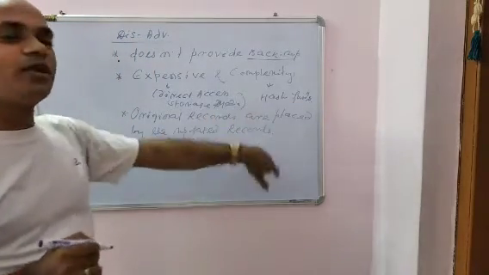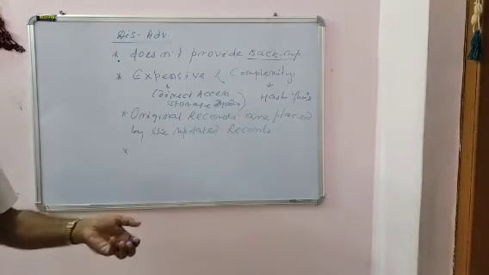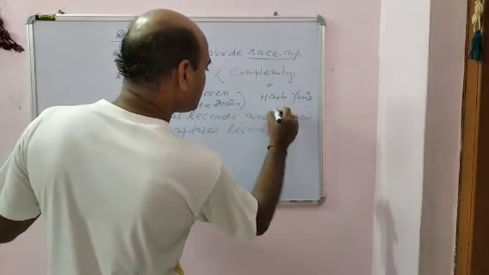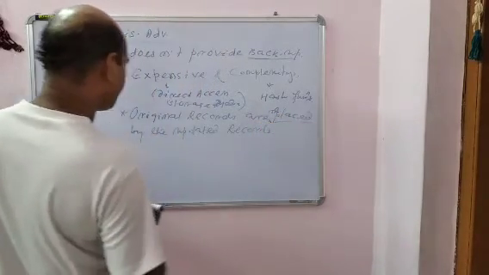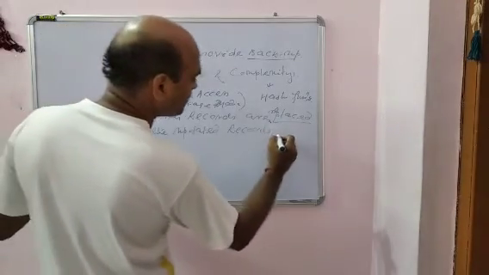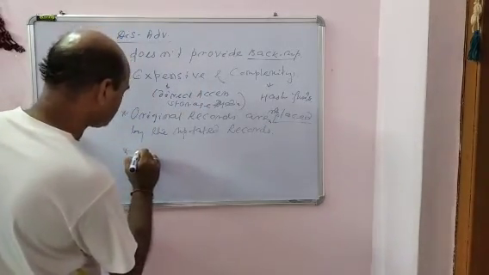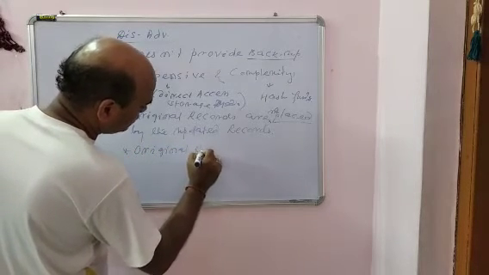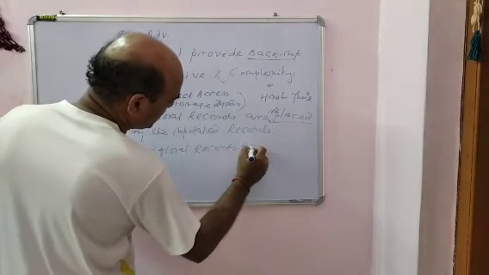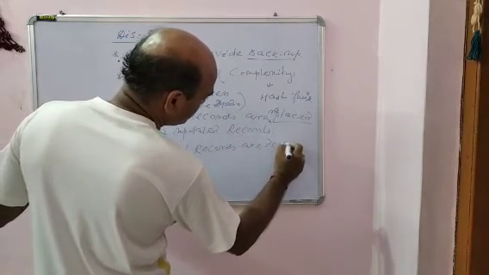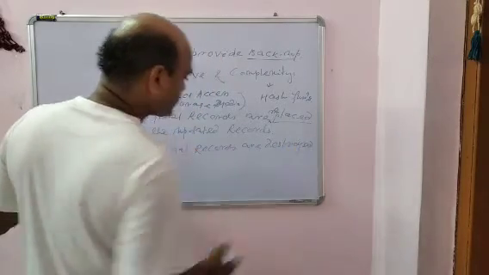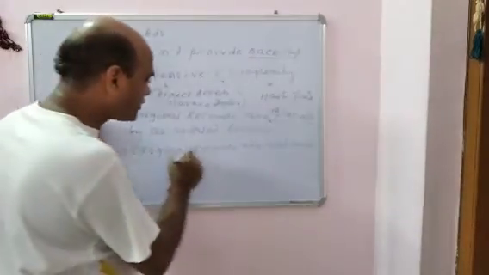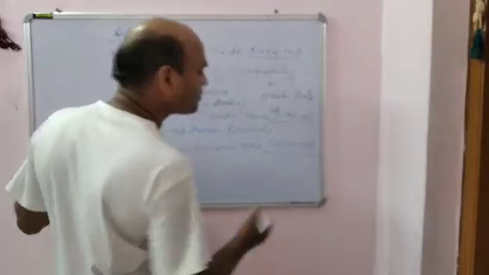So original records will be replaced, and the original records are also destroyed. The original record is replaced by the new one, by the updated records, and the original records are destroyed, automatically lost from the memory.